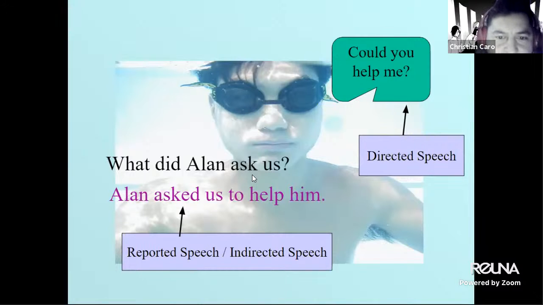For example, we have direct speech and reported speech. So, for example, "could you help me?" is, in this case, a question uttered with direct speech. And when we want to report this, we say, Alan asked us to help him.